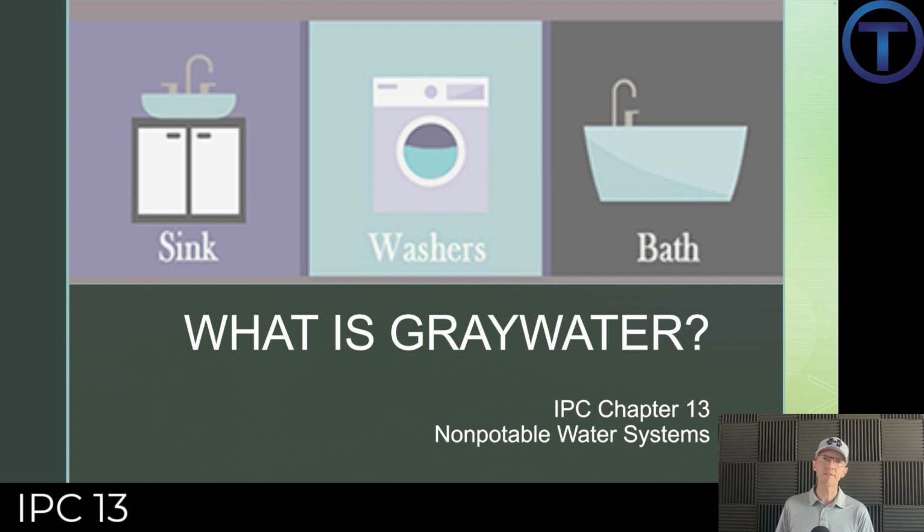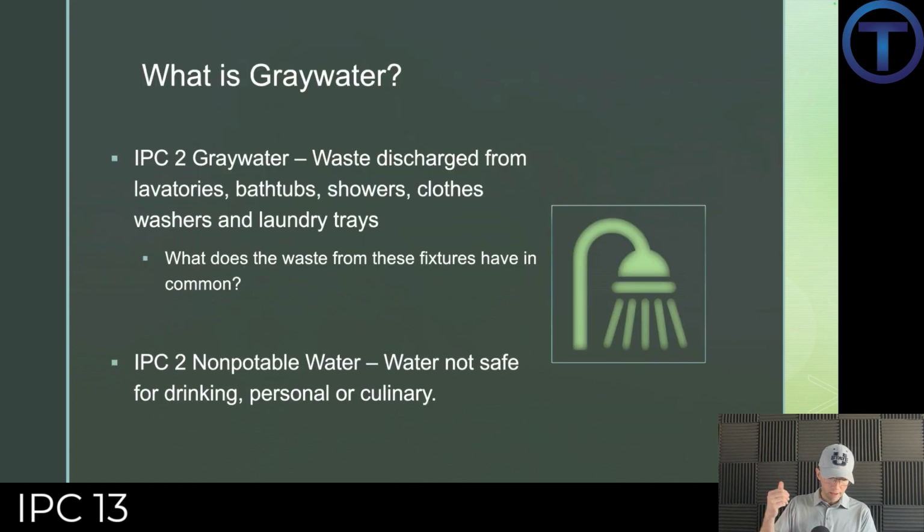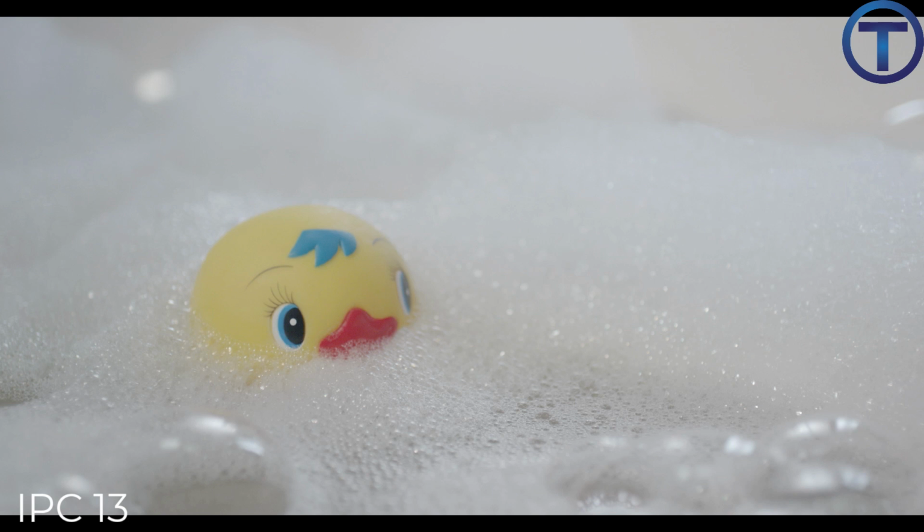And you see what these have in common, right? Listen to this list again. Lavatories, bathtubs, showers, clothes washers, laundry trays. What do those have in common? All of them are mainly water and soap.